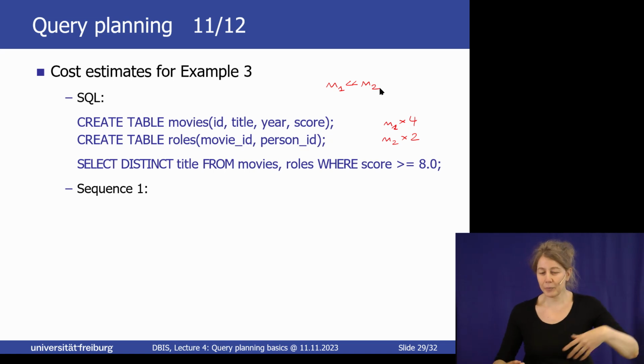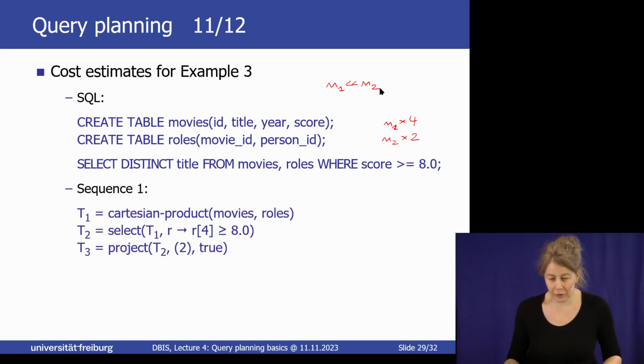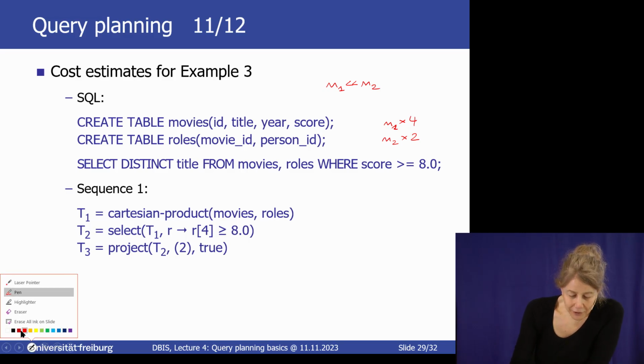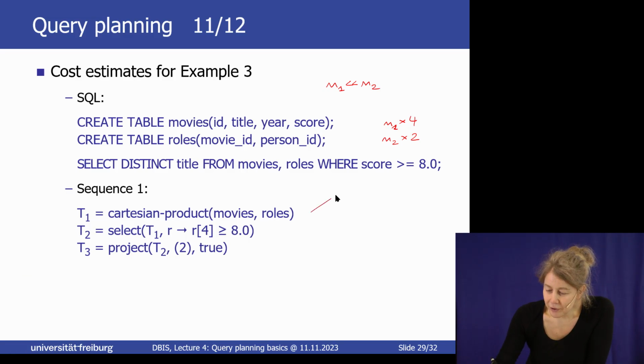The rows table has many more rows, fewer columns. So that's our one sequence. And for now we should be fast. That's movies and roles. The first operation is always easy. Actually, if you get used to it, they are all easy, but you just have to get used to it.